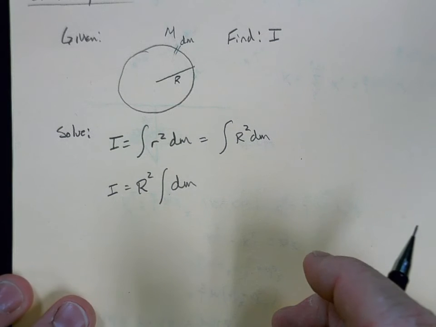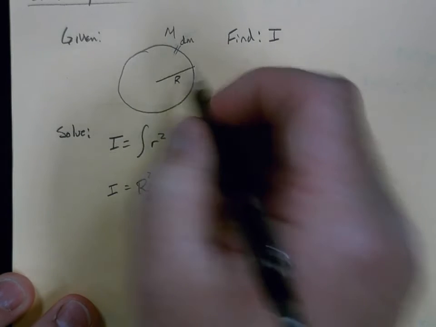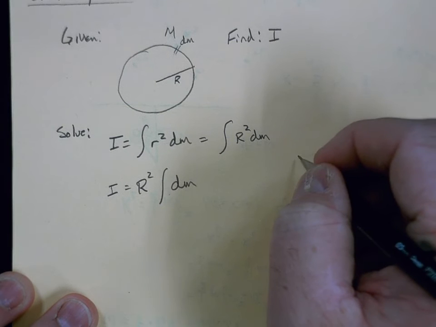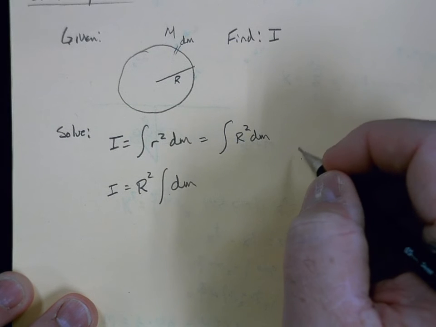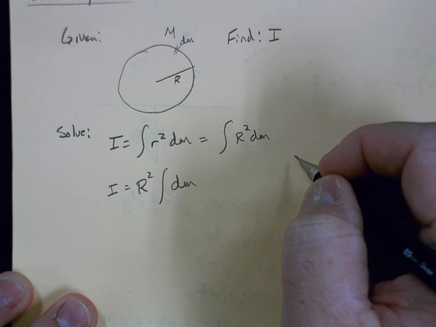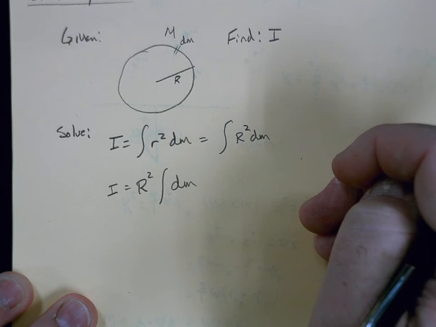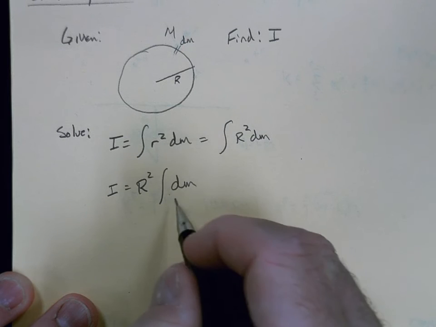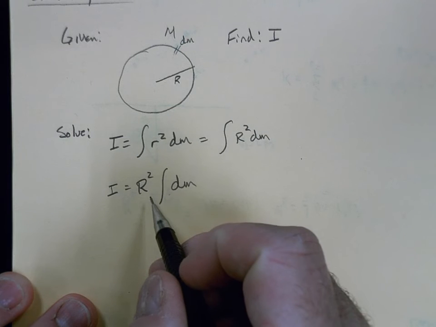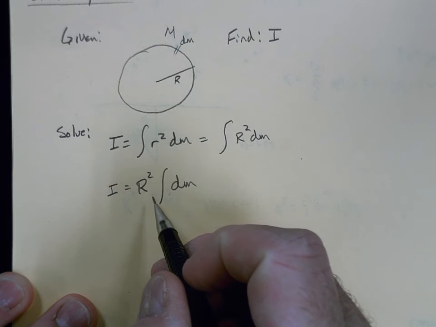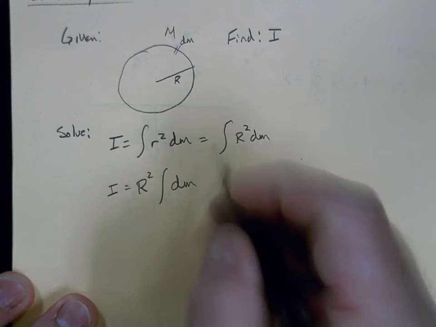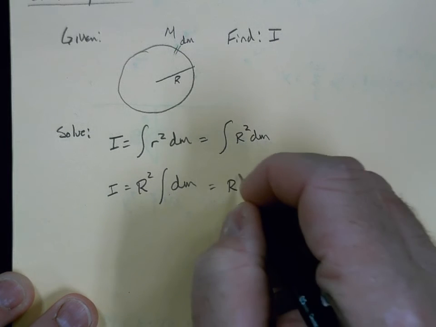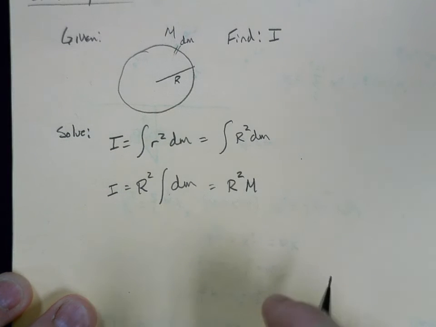Now, our dm, we can go through the process of it. The dm is not dependent upon where it is on the hoop, and the integral of dm is just going to equal the mass m, times r squared.